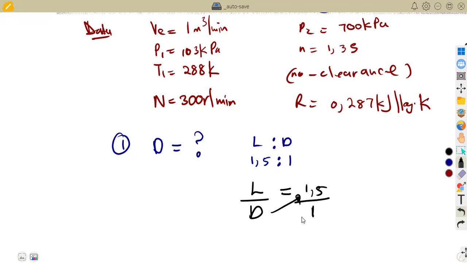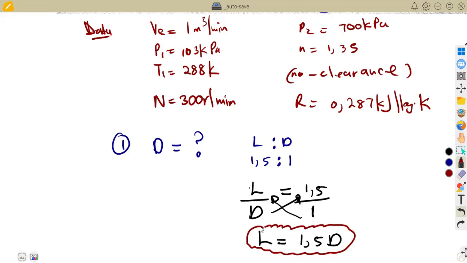So if I cross multiply, it follows that 1 times L, that's L, is equal to D times 1.5, which is 1.5 D. So there I have now a relationship that can be written in place of L in terms of D. Or if I want D, if I divide by 1.5, I'm obtaining D. D is equal to L over 1.5, or L is equal to 1.5 times D.